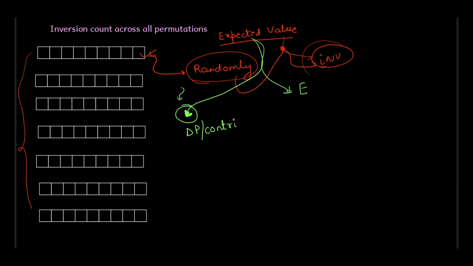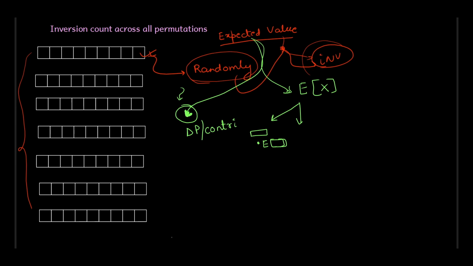this thing. If you want to find out the expected value of x, you try out all the possibilities. So it will be: what is the probability of this happening, into what is the expected value when this has happened.